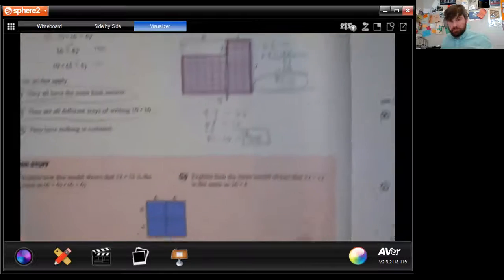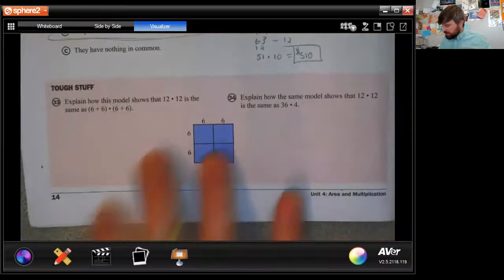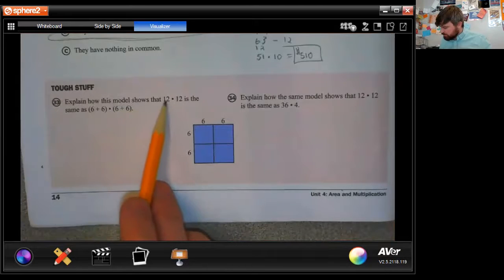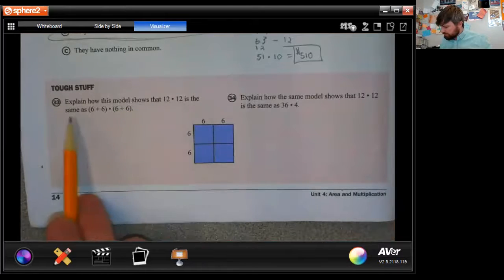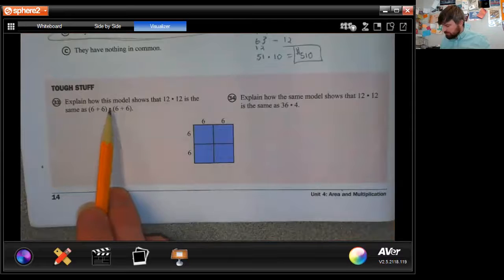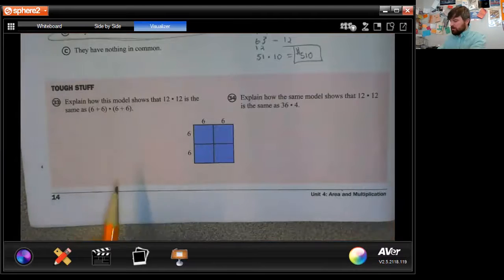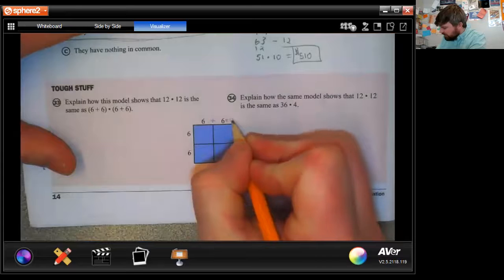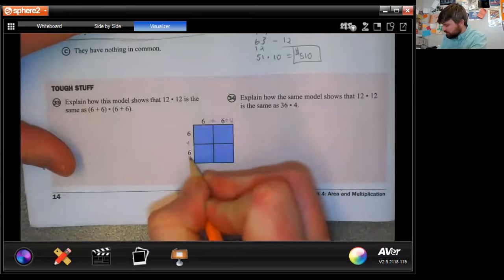Okay, all right, in the red here, the tough stuff. Explain how this model shows 12 times 12 is the same as 6 plus 6 times 6 plus 6. Okay, well, if we add these two together, we get 12. And if we add these two together, we also get 12.